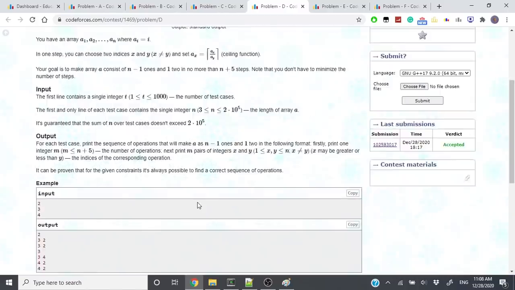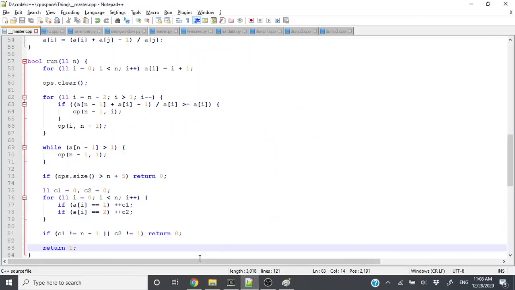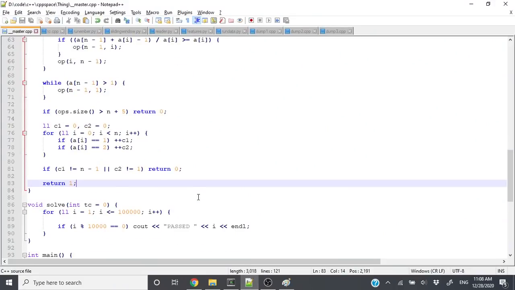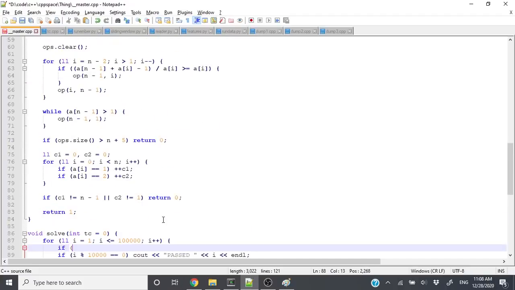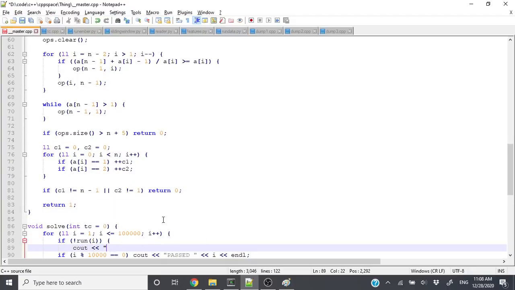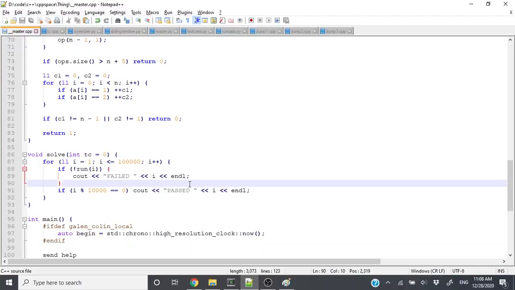So the conditions were that it can't be more than n plus 5, and it has to be that. If not run I, cout failed I and L, and break.